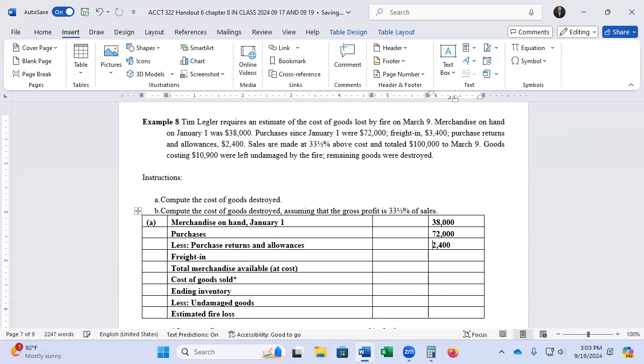I'm kind of strict about this. We had this conversation about how you should put things into financial statements, and your words should actually match what you're planning to do. So when I write purchases, less your purchases returns and allowances, I don't need to put a negative in front of this number because I'm telling people to subtract that number.